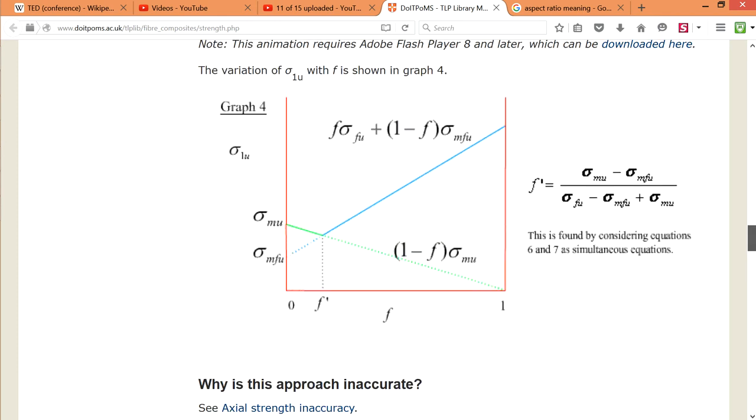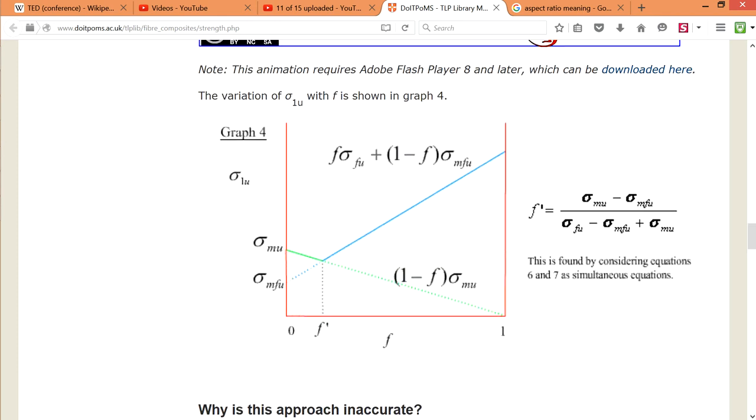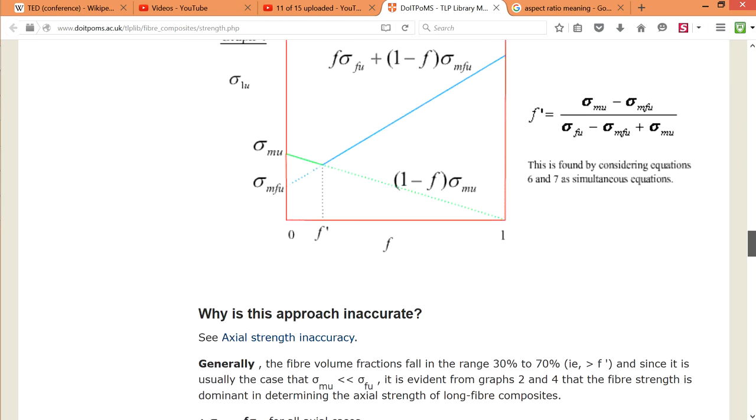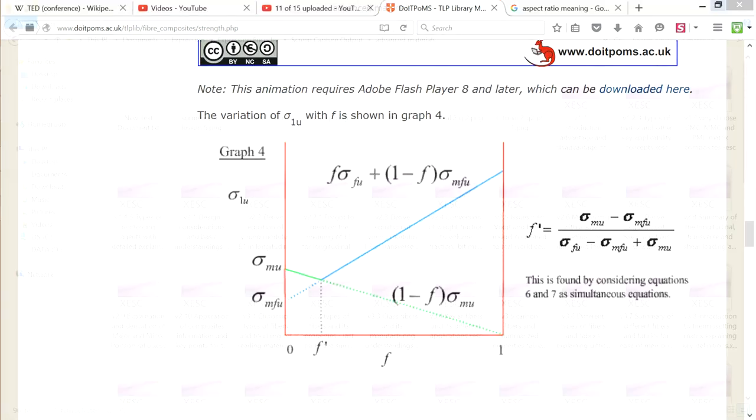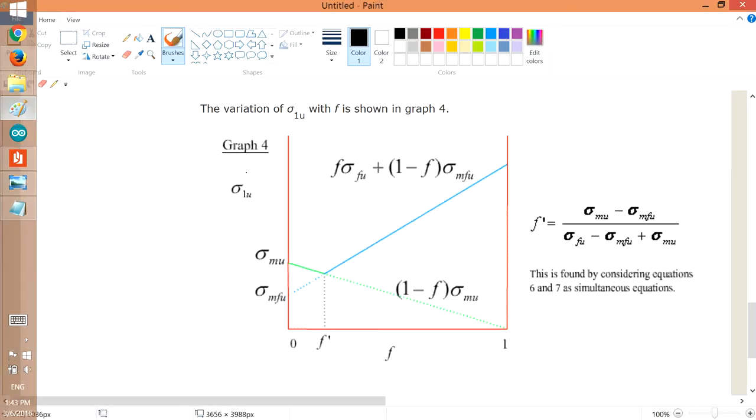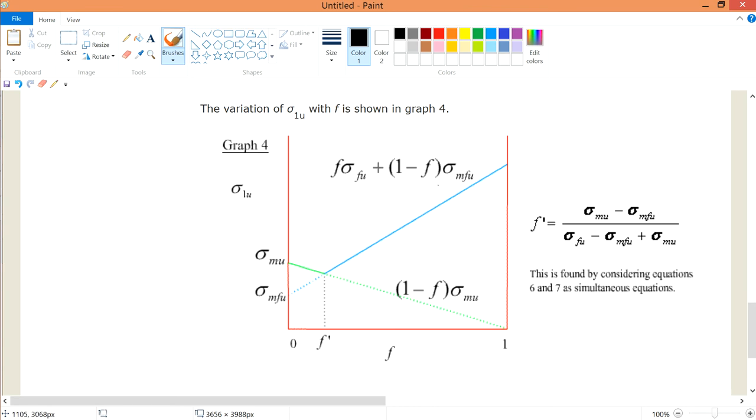Okay, so over here this is another graph that comes after the graphs that we have discussed. What they are saying over there is that they're talking about where the fiber were to fail first. Alright, if the fiber were to fail first, when the fibers start to fracture.